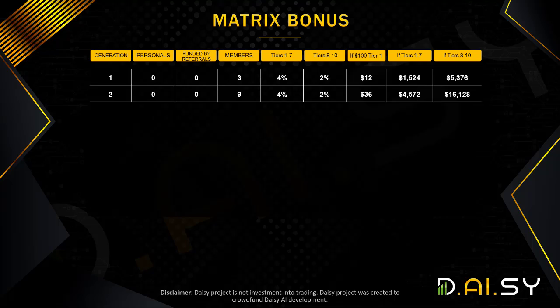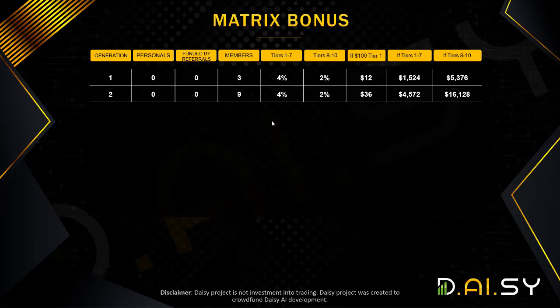All right, so the first two generations of the matrix, the first two rows. For the matrices of $100, $200, $400, all these different matrices up to the first 7 tiers, that's $100, $200, $400, $800, $1,600, and so on. The first 7 matrices. So you earn 4% on everybody that is in your first 2 generations.